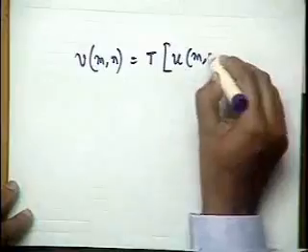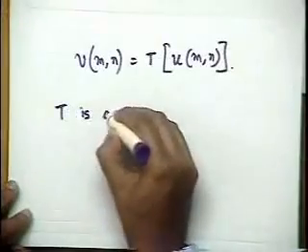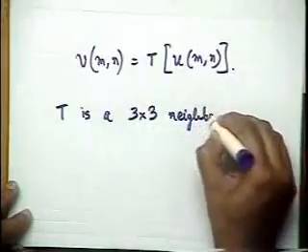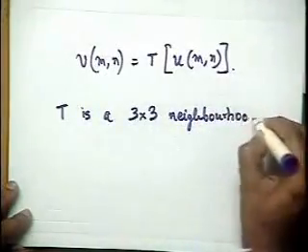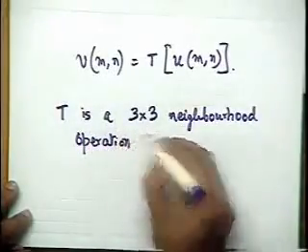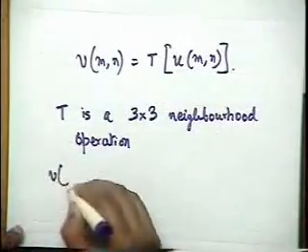Supposing it is a 3 by 3 operation, I apply the same transformation Vmn equal to T of Umn, but I define this function T to be a 3 by 3 neighborhood operation.